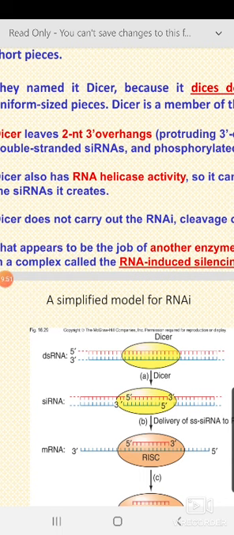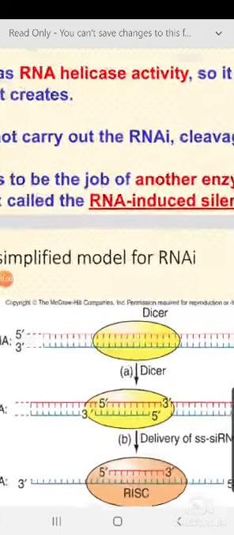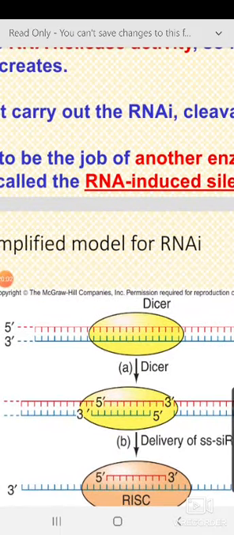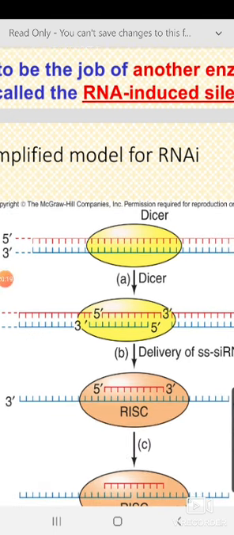That enzyme, the yellow one, will cut it into small fragments of around 23 to 25 base pairs. If you see this picture, it is not 25 because of simplicity. Remember, it is a 25 nucleotide small RNA that we call siRNA, and there is a 3' overhang of 2 bases.